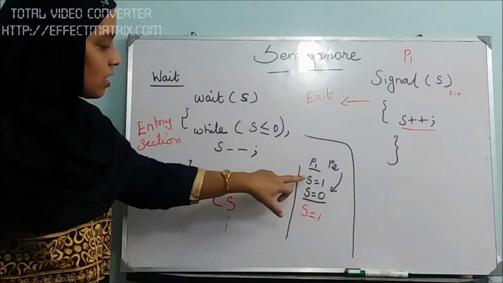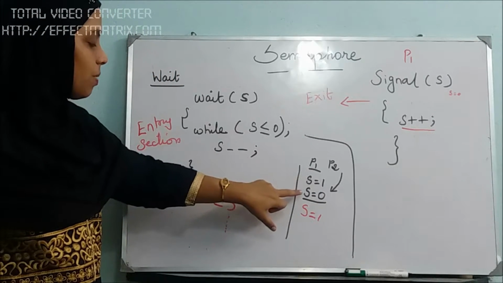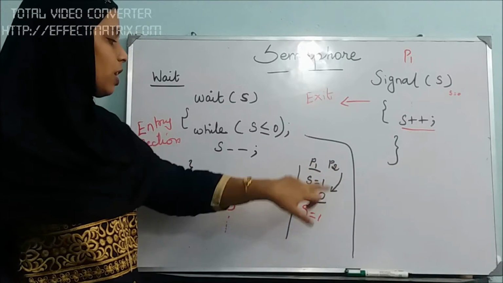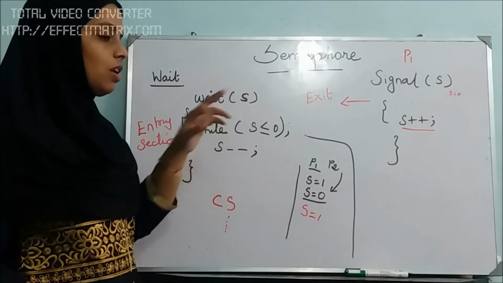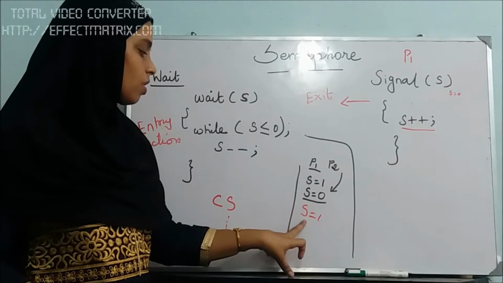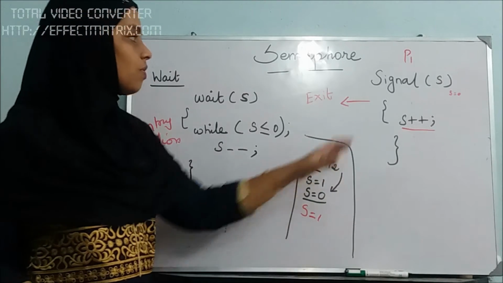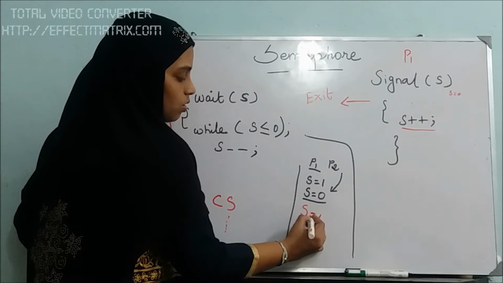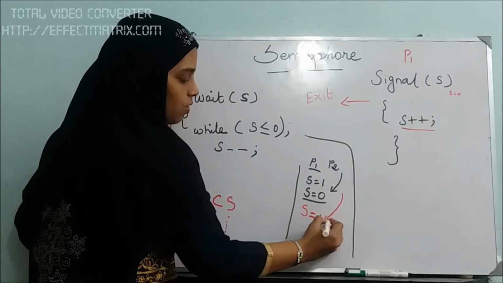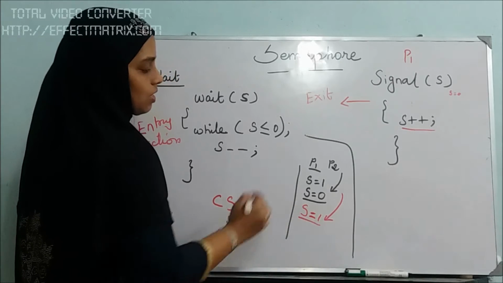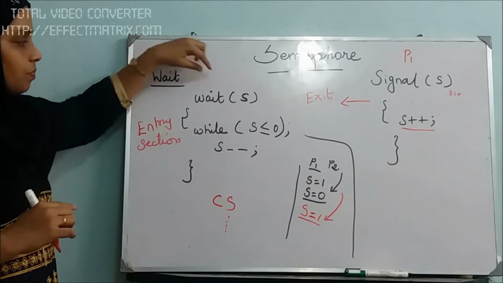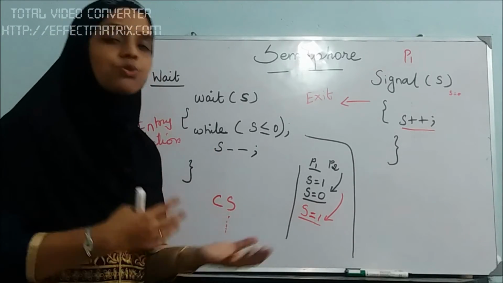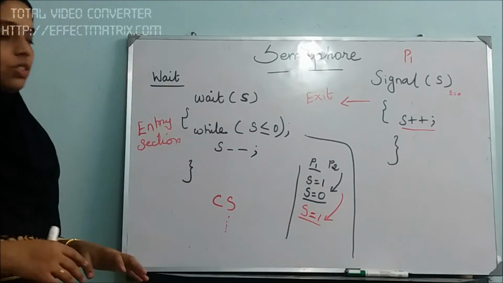At first, in the wait operation, s was 1 and it was decremented by process P1, so process P2 could not enter the critical section. Now s is changed to 1 in the exit operation. So P2 holds the s value, and since s is equal to 1, P2 enters the critical section. That means P2 gets a chance to enter the critical section.